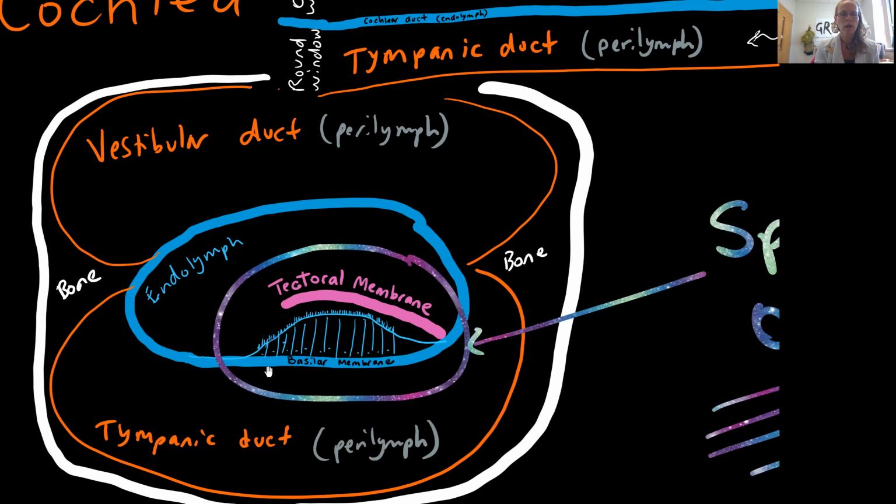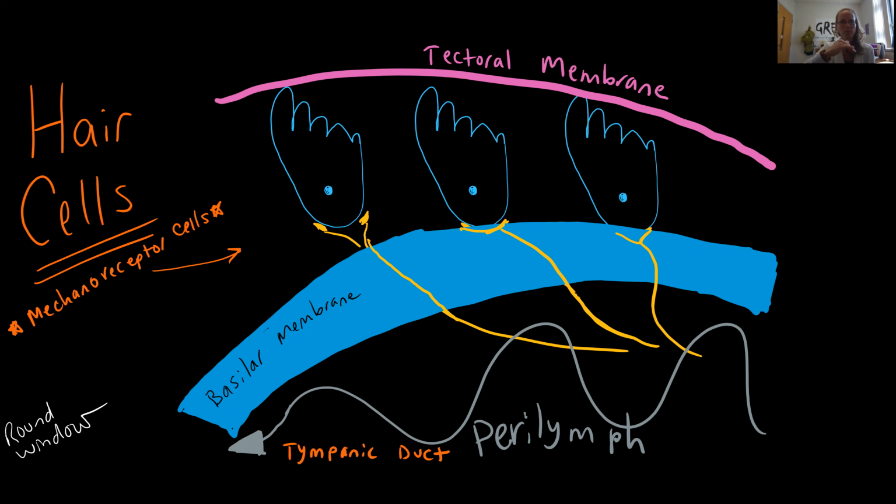So the basilar membrane is moving, causing those hair cells to bump into that tectoral membrane. So when those stereocilia get bumped against the tectoral membrane, then they move. That's our mechanoreception. That movement stimulates the cell, which in turn stimulates the sensory neuron. So that's how we detect sound.